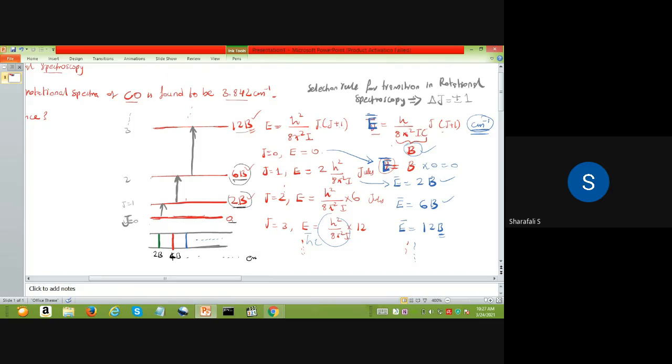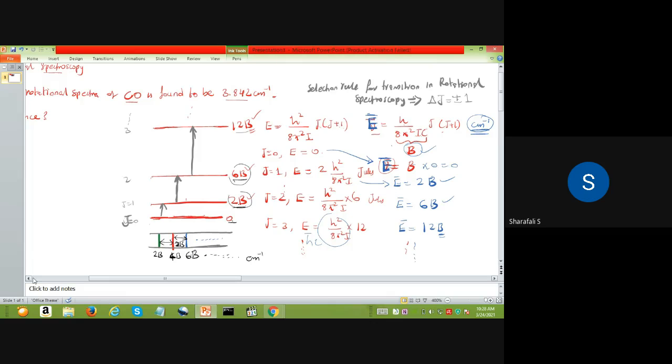This x-axis is in centimeter inverse. The next one will be 12B minus 6B, which is 6B. So the lines will be at 2B, 4B, 6B, etc. The difference between two adjacent spectral lines will always be 2B for a pure rotational spectrum.